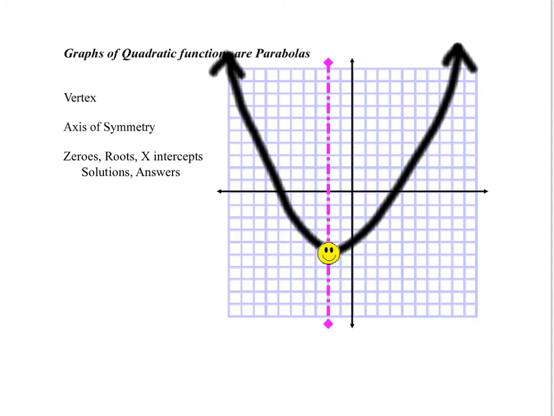And of course, these points right here, this one and this one, are my roots, or my solutions, where it passes through the x-axis. These are my zeros, or my solutions or answers to the equation.